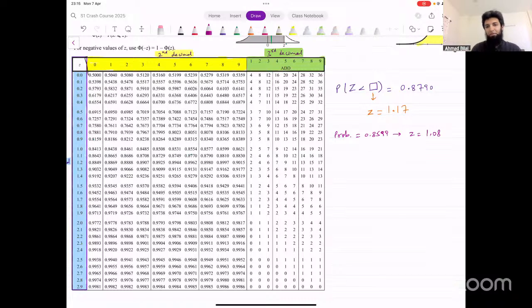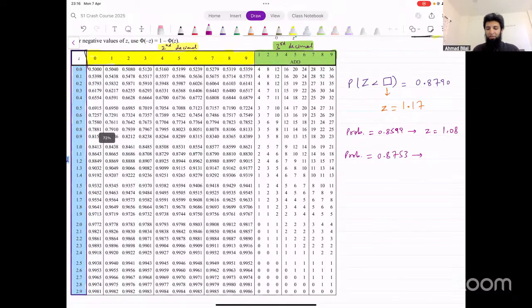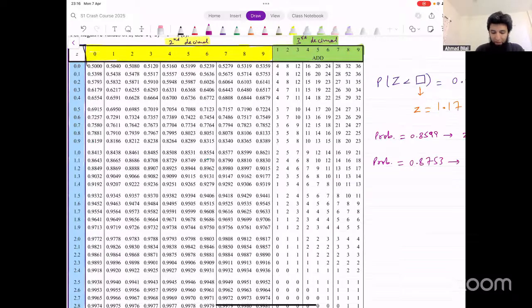Let's take another example. So let's say we had a probability of 0.8753. What's the z value corresponding to this? Let's find this probability, 8753. You have 8749 here and you have 8770 here.